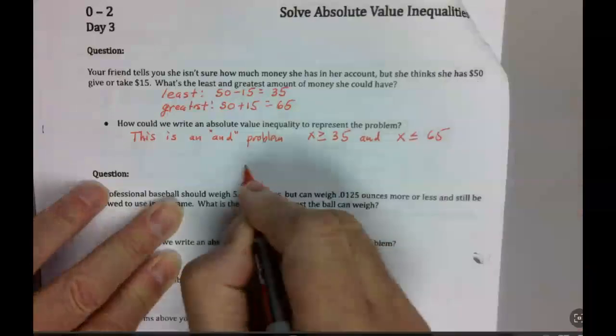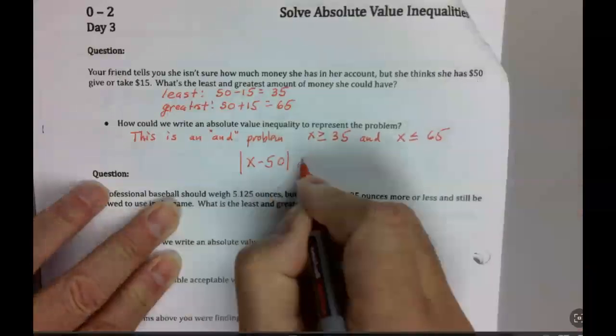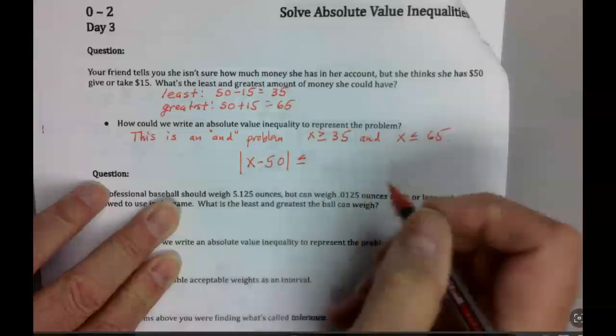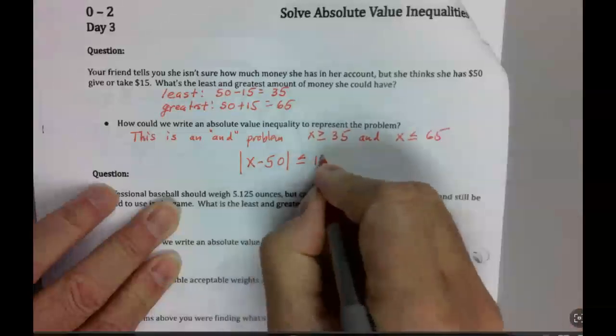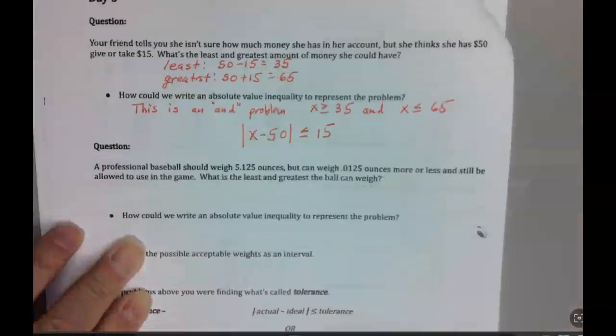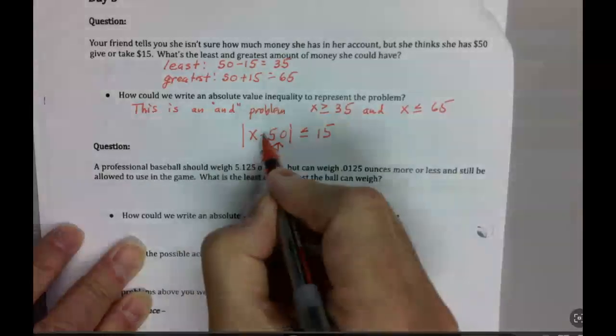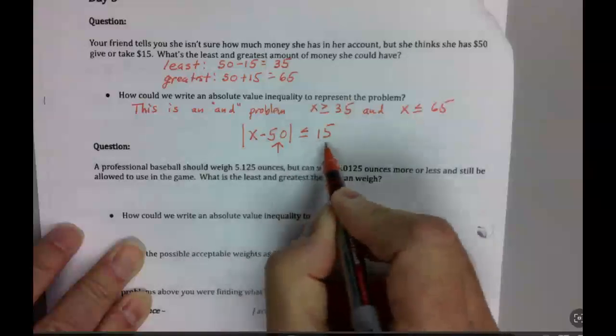So couldn't we write our absolute value inequality like this? This right here is the money she thinks she has. You have to subtract, and is less than or equal to what we call the tolerance.